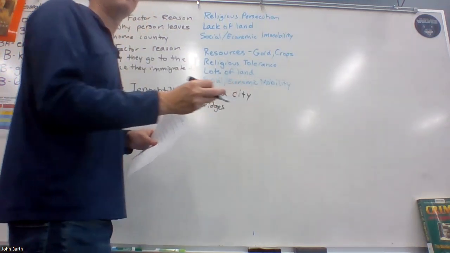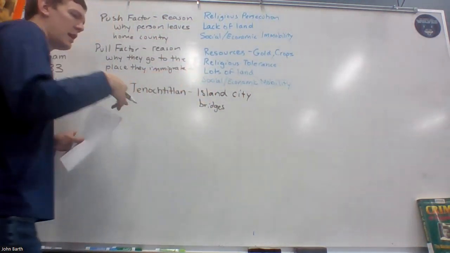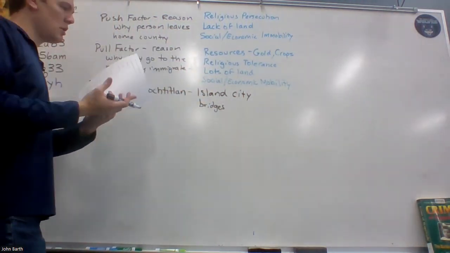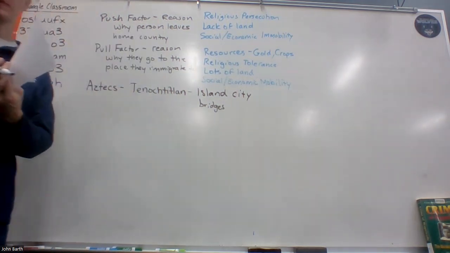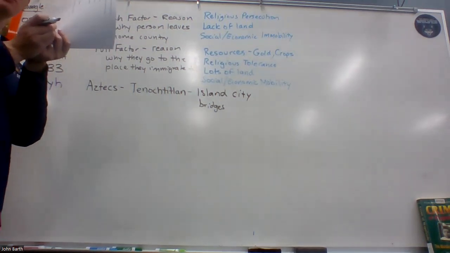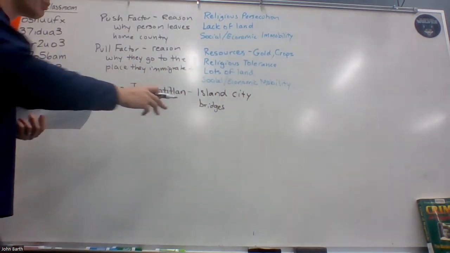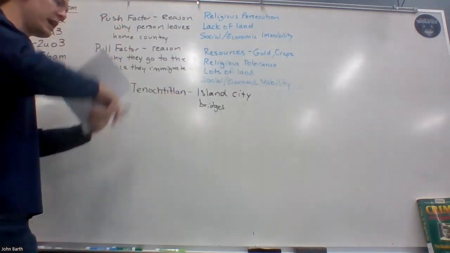So with this island city, it creates a central hub. And it kind of looks like a bicycle wheel, right? In the middle you have Tenochtitlan, the hub of the bike, and you have these spokes with the bridges going out to the outer rim.